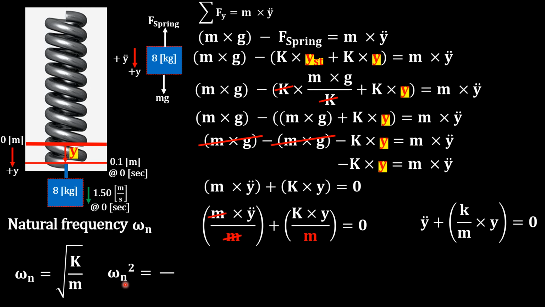So the natural frequency squared is equal to k over m, and this is the k over m that we have in here. So we can replace k over m by the natural frequency squared. So it will be acceleration plus the natural frequency of the system that we're dealing with squared, times the amount this system got stretched, equal to 0.